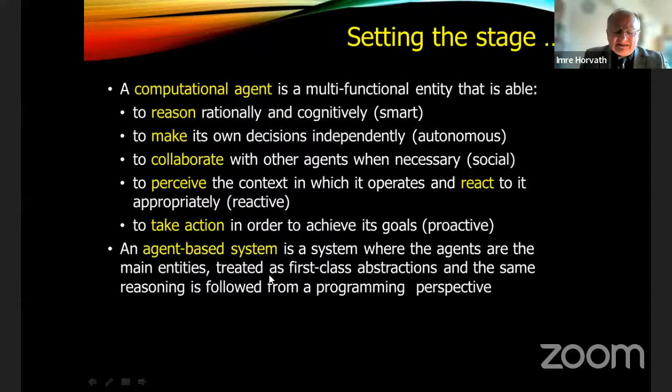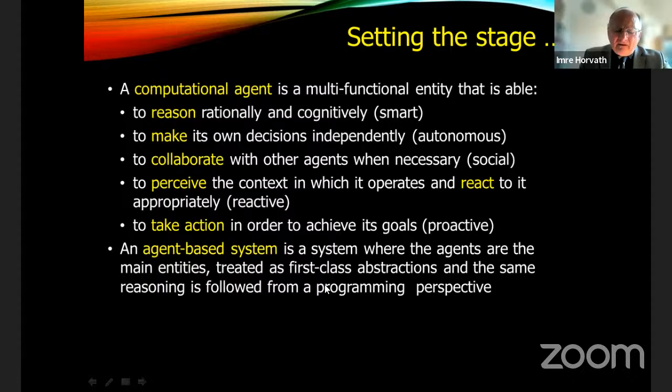An agent-based system, which is a purposeful arrangement of computational agents, is a system where the agents are the main entities, treated as first-class abstractions, and the same reasoning is followed from a programming perspective.